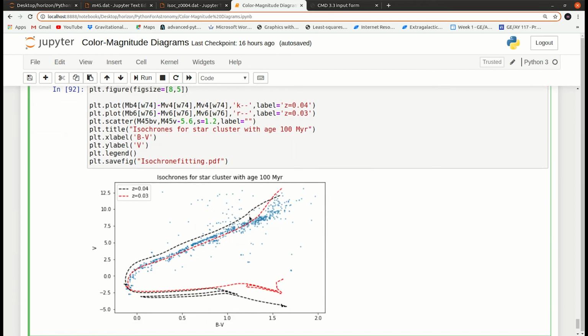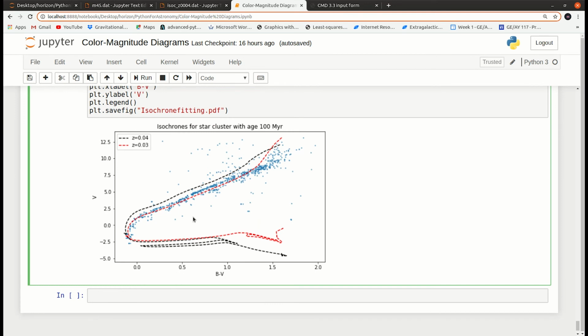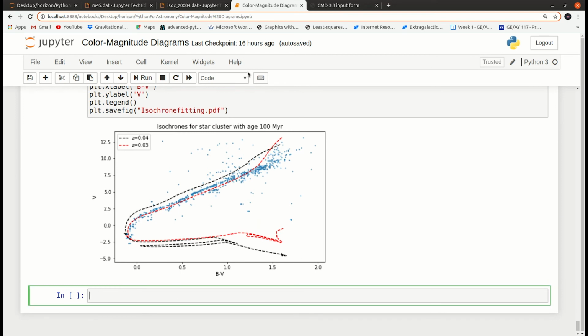So you can see that it's actually coinciding very well with the 0.03. Not exactly, there is a bit of difference. So I can actually say that the metallicity, I'll just comment it over here.